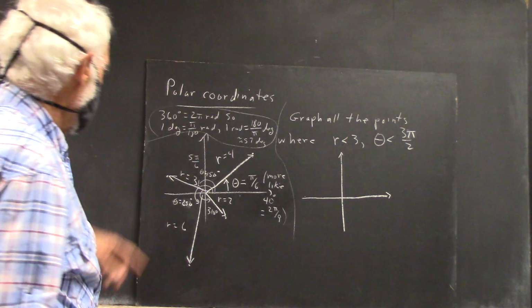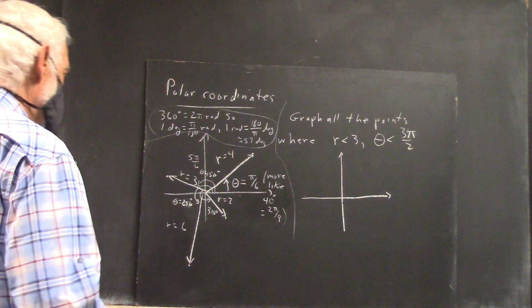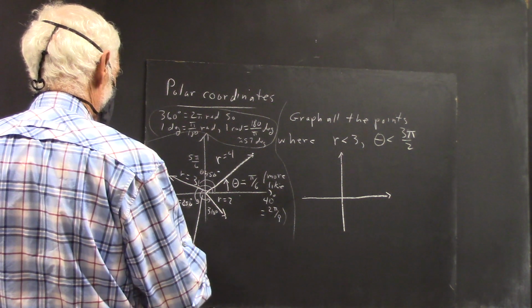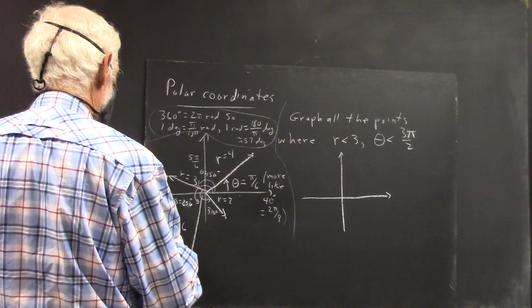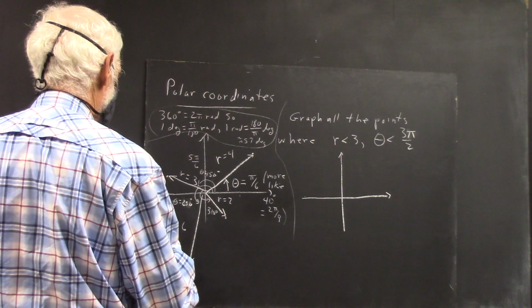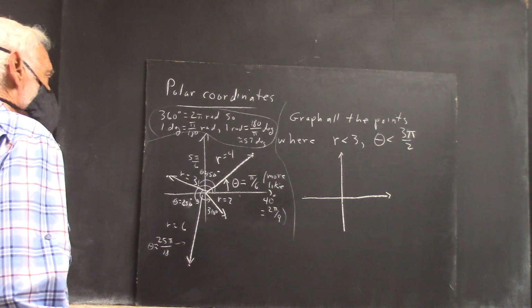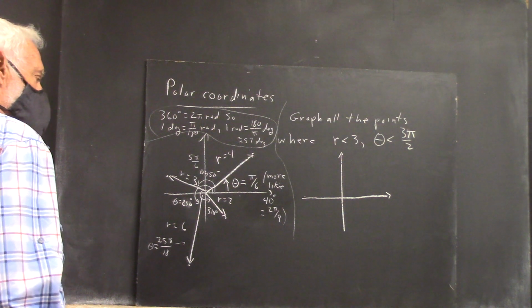Down here, 250 over 180 is 25/18, which doesn't reduce. So that's 25 pi over 18.